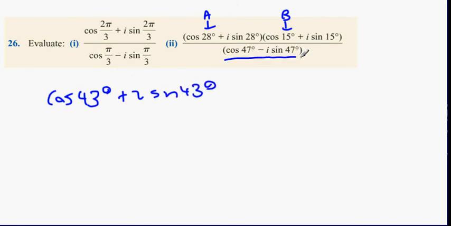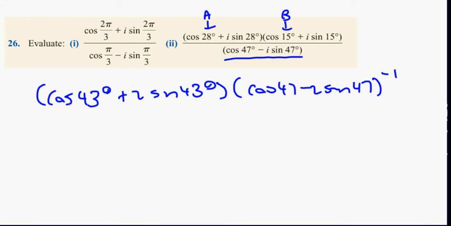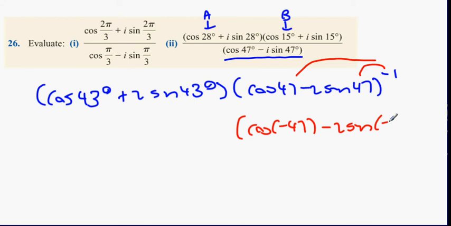We're going to change cos 47 plus i sin 47 into cos 47 degrees minus i sin 47 to the power minus 1. We're then going to use De Moivre's theorem to multiply the power by the angle, and we're going to get cos of minus 47 minus i sin of minus 47. Okay, and we're going to get here cos 43 plus i sin 43.